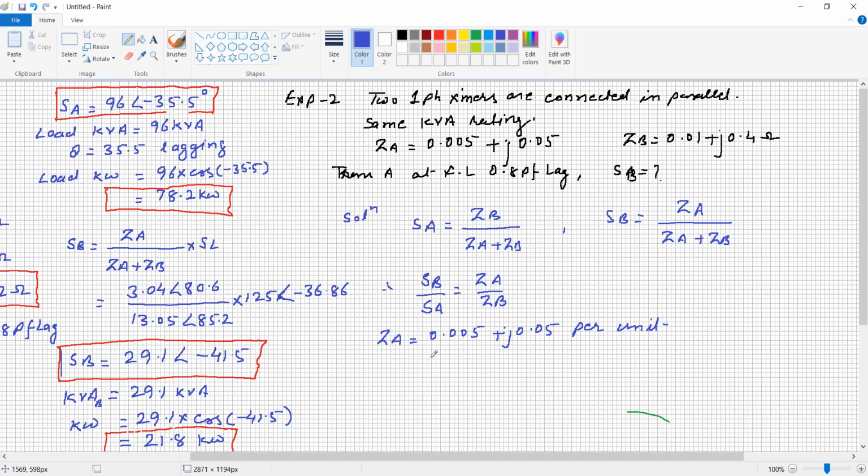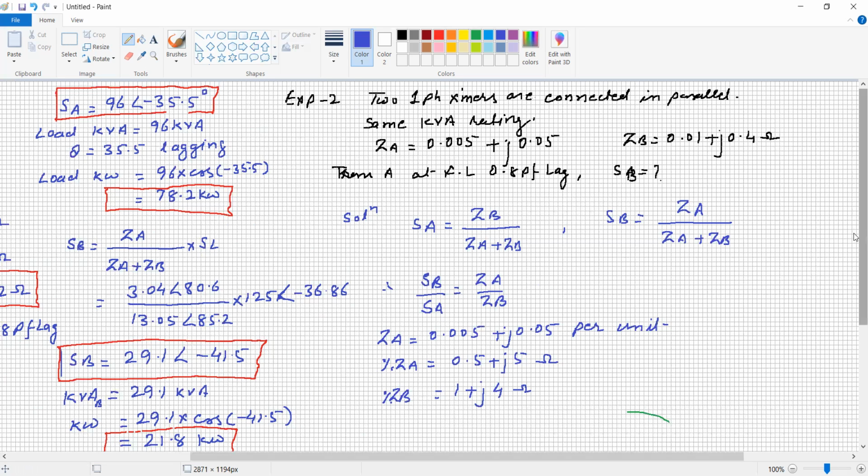So in percentage, ZA can be written as 0.5 plus J5. Similarly, in percentage, ZB can be written as 1 plus J4 ohms. It is in percentage.